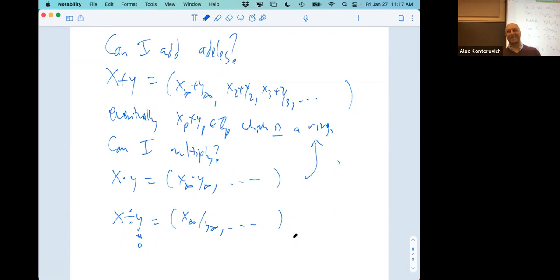I still can't. Even if it's non-zero, the norms might be less than 1 for infinitely many p's. So when I try to invert, I get things with large norms for infinitely many p's. So no, I can't make sense of division at all. It's not a division ring. So it is a ring, but it's not a field, not even close.